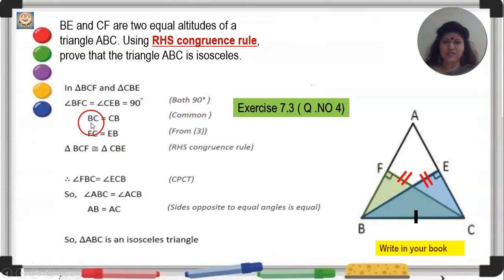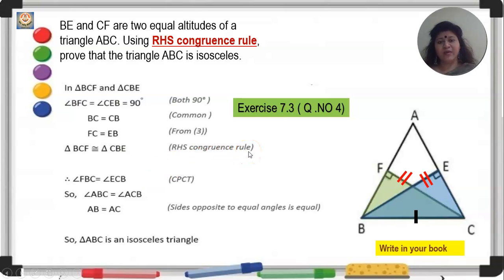Then hypotenuse BC is congruent to hypotenuse CB. It is a common side. And we know that this segment FC is congruent to this segment EB, or you could say side FC congruent to side EB. It is mentioned that the altitudes are equal. Therefore, the two triangles become congruent by RHS congruence rule.